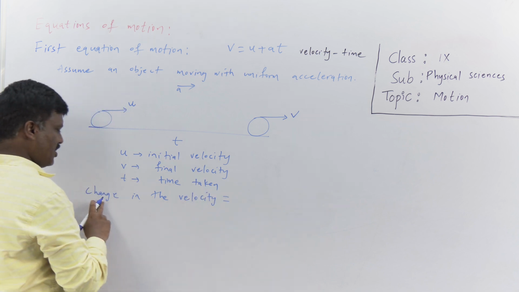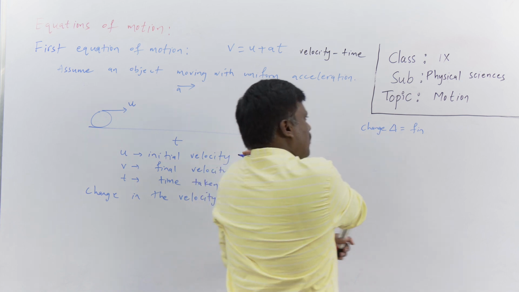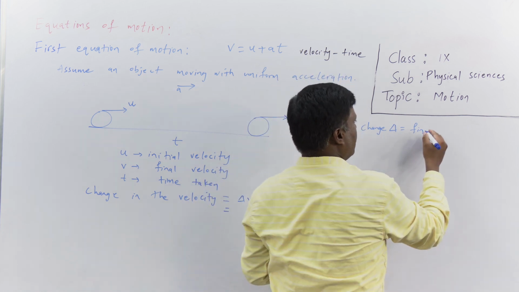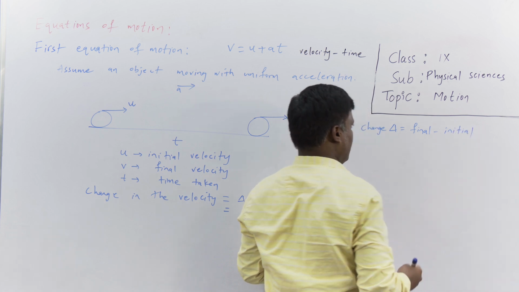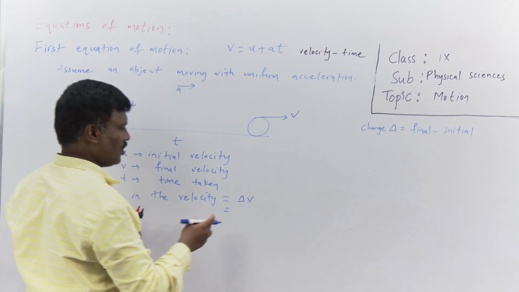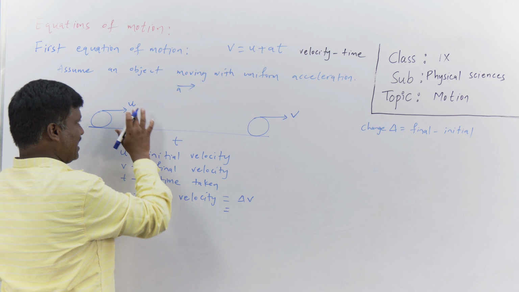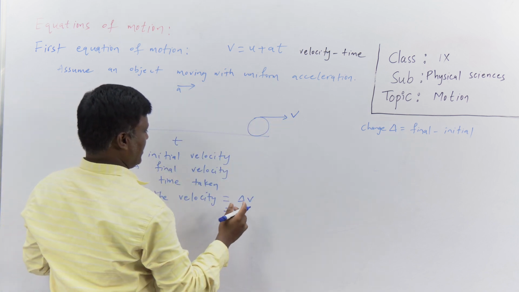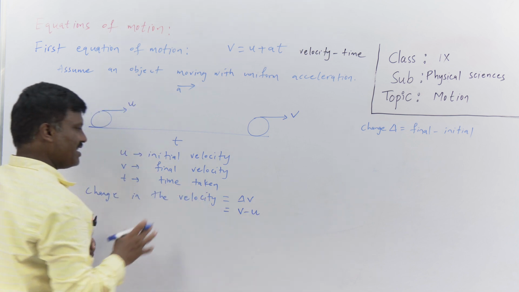Change is denoted by delta, for any quantity. Generally we take final minus initial. Whenever we subtract the initial thing from the final thing, we get the change. So here, for the change in velocity, we subtract the initial velocity from the final velocity, so we get v minus u. This is only the change in the velocity.